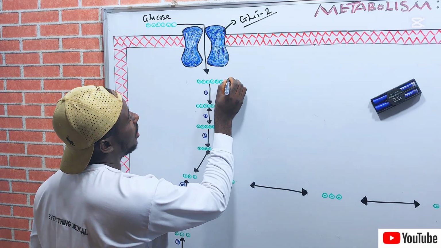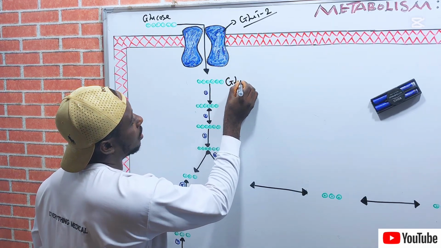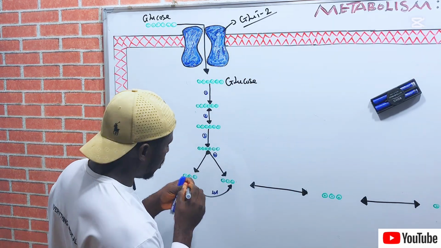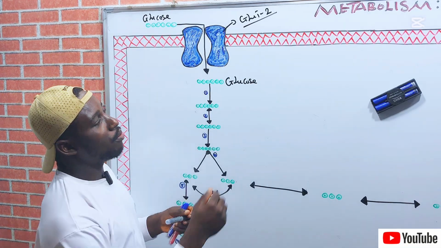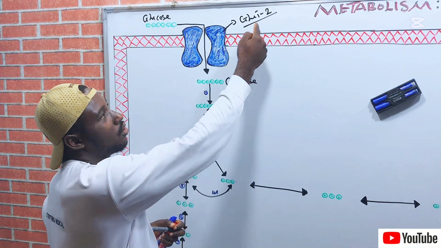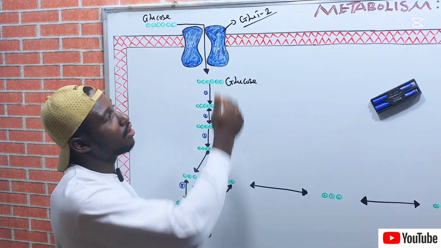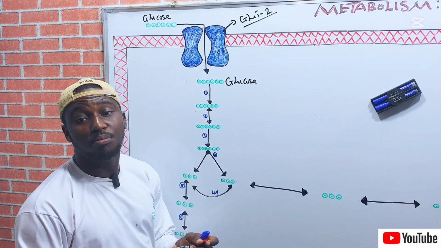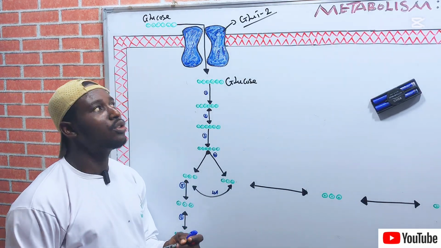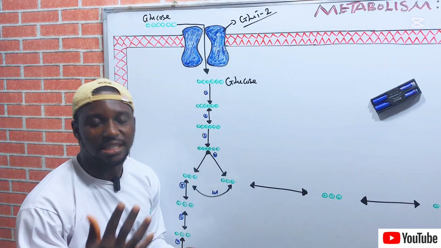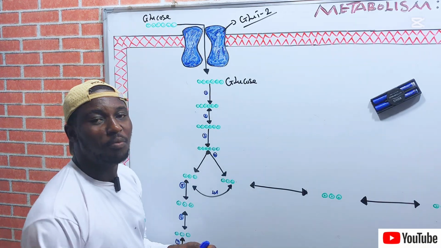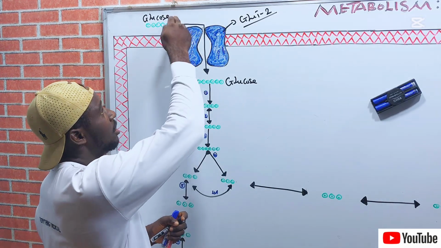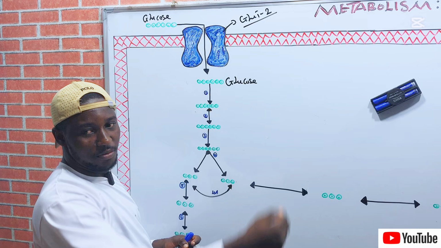Glucose has been transported. Now, before I proceed, what is a glucose transporter? These glucose transporters are membrane proteins, which facilitate the transport of glucose from the extracellular environment to the intracellular environment, right?